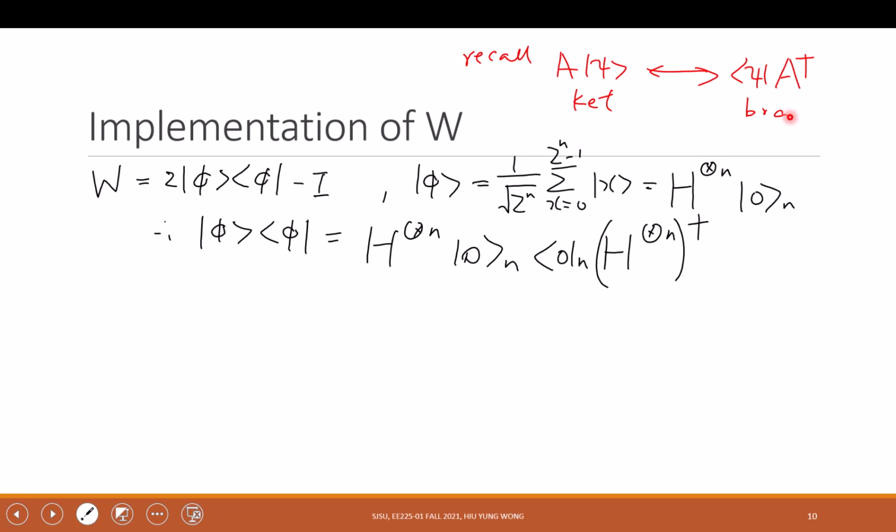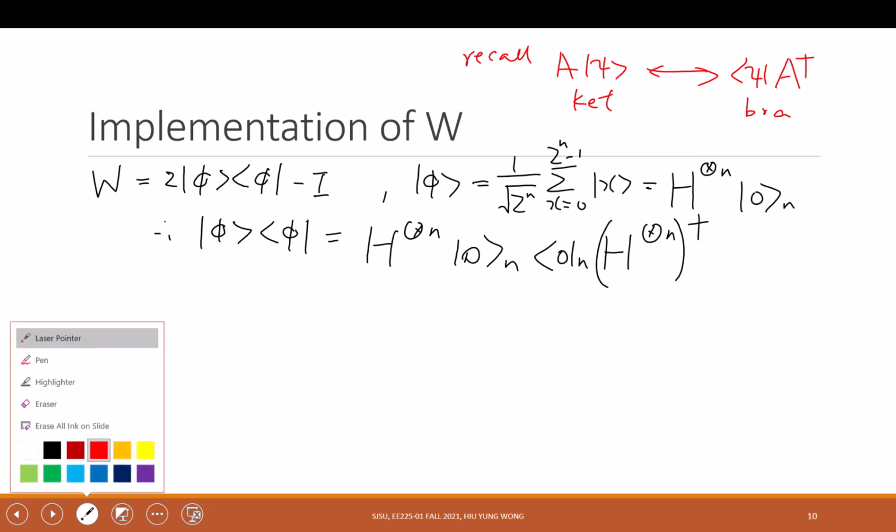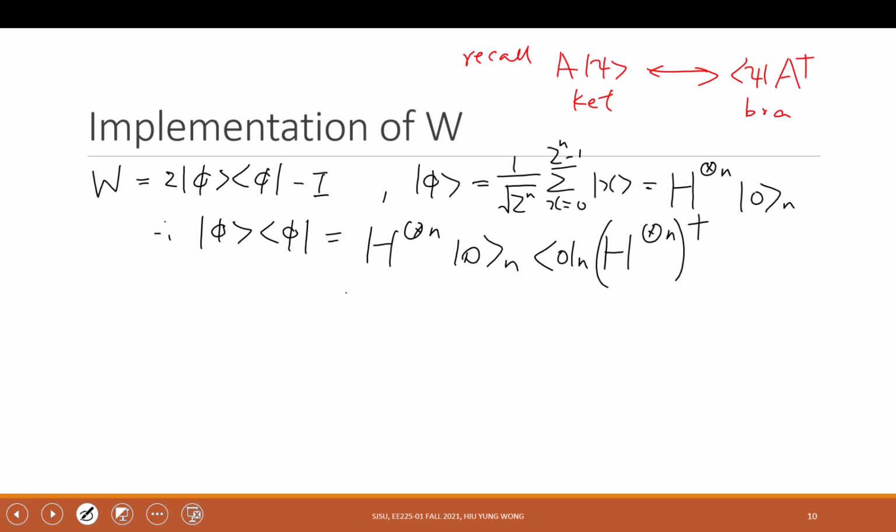So this is the ket psi, and I apply Hadamard gate to 0, and this becomes the bra, and I have this one, the Hermitian conjugate. But what is the Hermitian conjugate of the Hadamard gate? It's just itself. Very good. So that's why I will get Hn 0n 0n Hn. Okay, so that is the first thing.